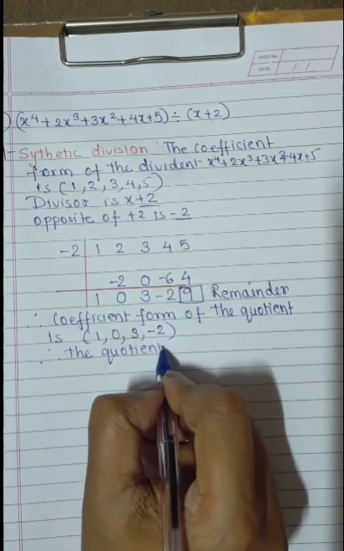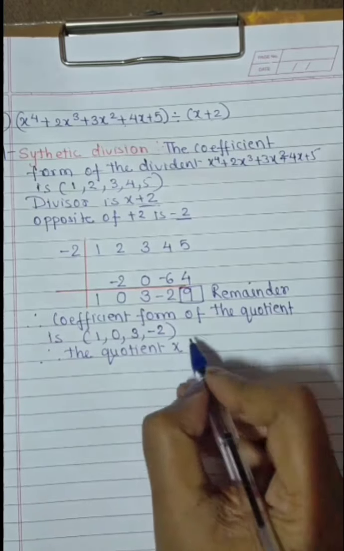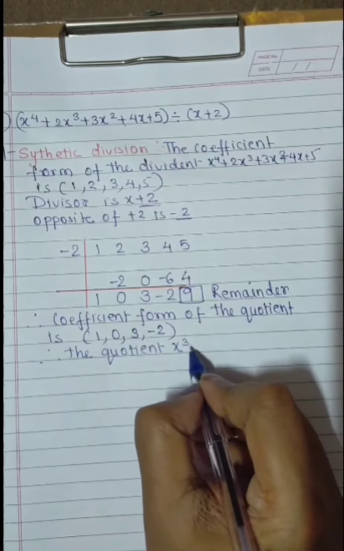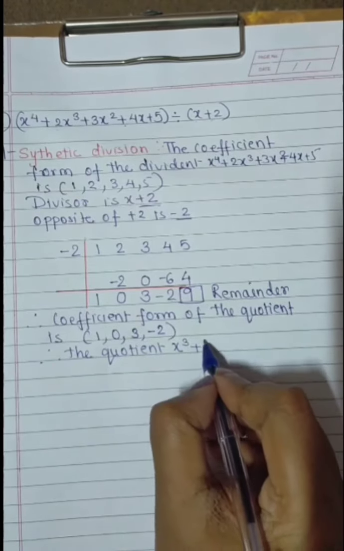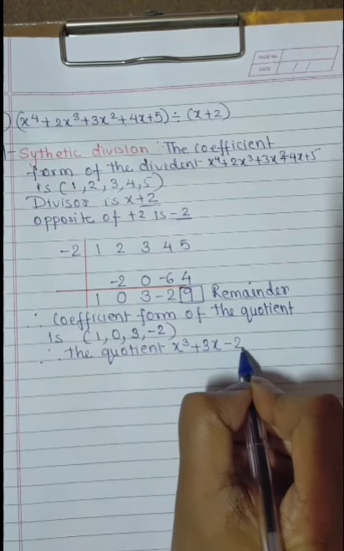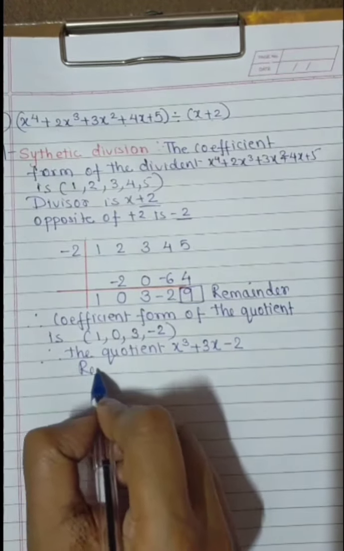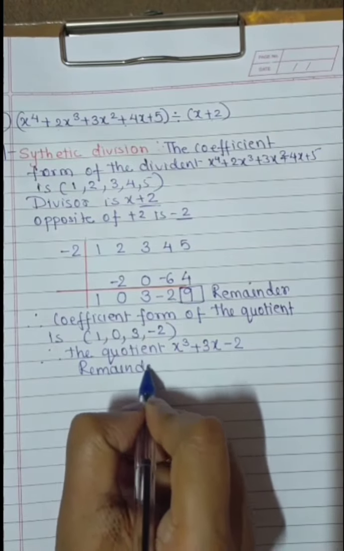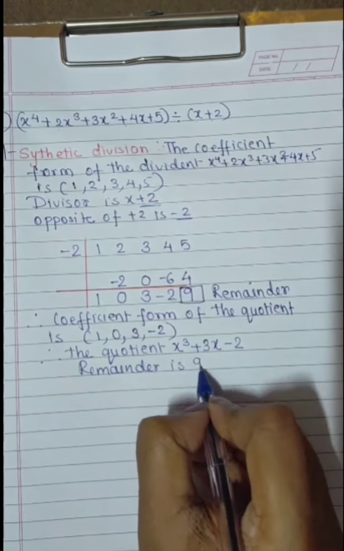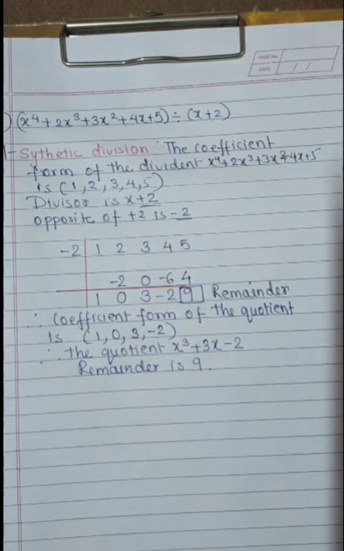The quotient will be x cube plus 3x minus 2, okay, and the remainder is 9. I hope you understood what synthetic division is.